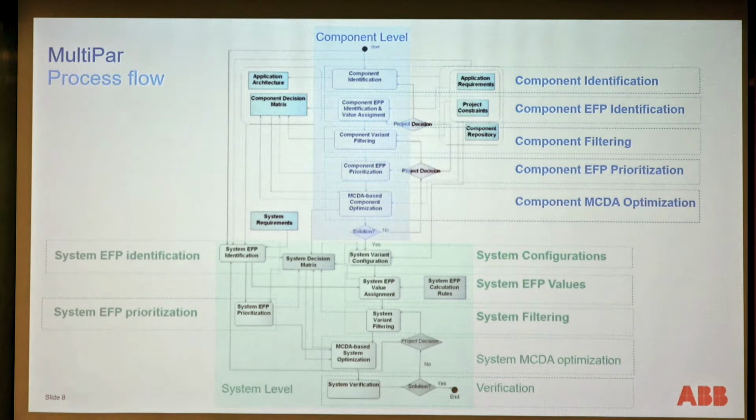We continue to filter out the system configurations that might not satisfy the system requirements. We then perform the optimization, which will tell us which is the best hardware and software configuration that could be deployed onto the heterogeneous platform. And last, we perform some activities to verify that the result we have achieved is the one that we were interested in having.